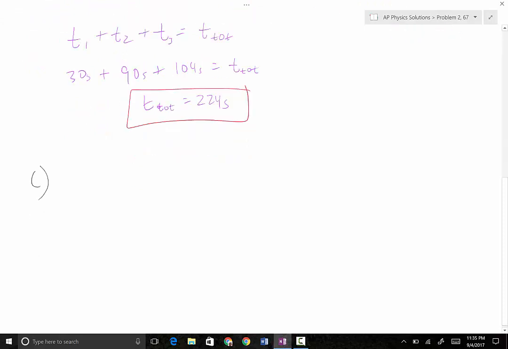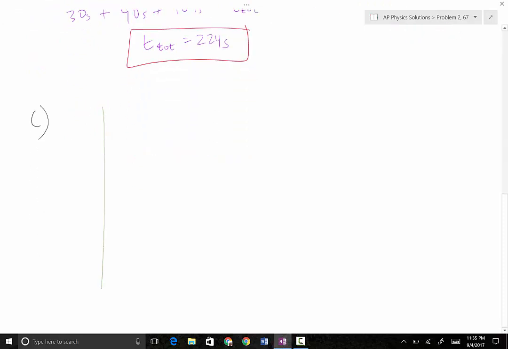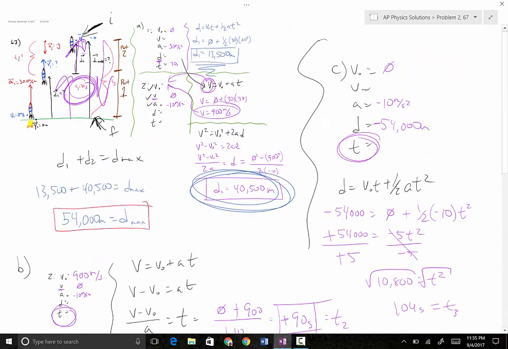So a velocity versus time graph of the rocket would look something like this. Let's look at this really quickly.